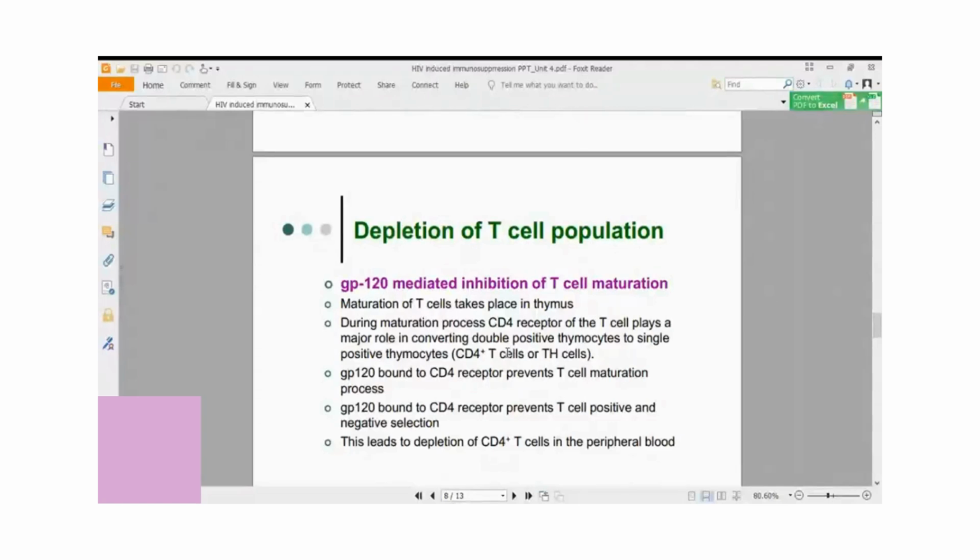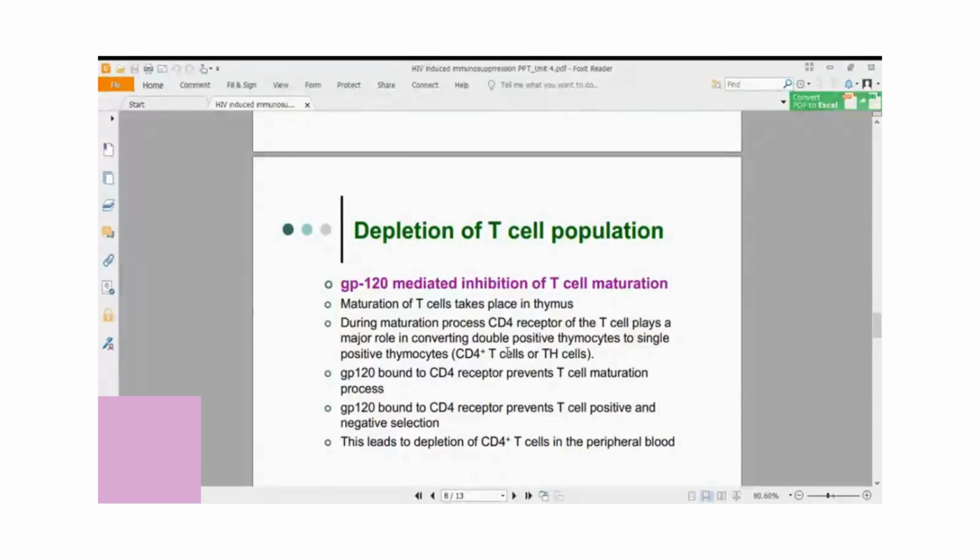They are undergoing a process of maturation in the thymus. The GP120 can reach the thymus and bind to naive, newly formed T cells. The naive T cells, which have both CD4 and CD8 receptors on them, yet to undergo lineation into TH cells, are also going to be inhibited.